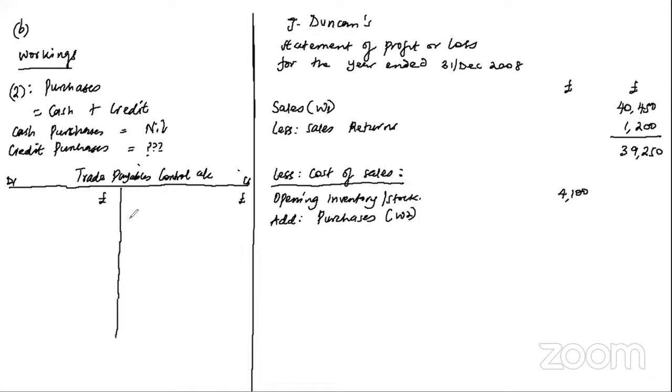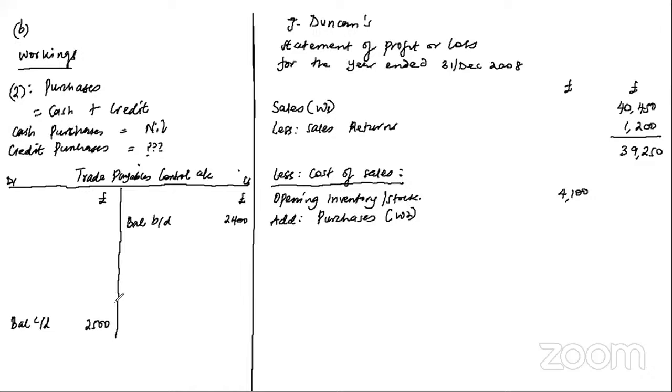We'll credit that. How much is the balance brought down for the creditors? This is 2,400. Then the balance carried down is 2,500.